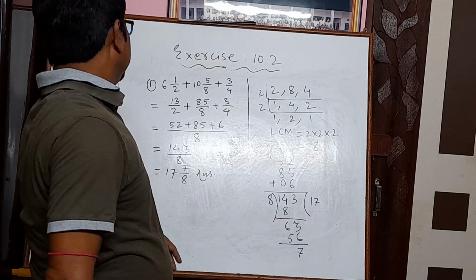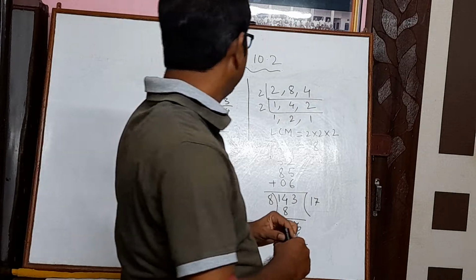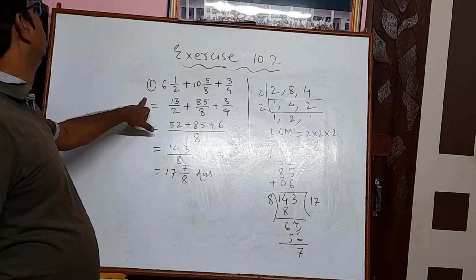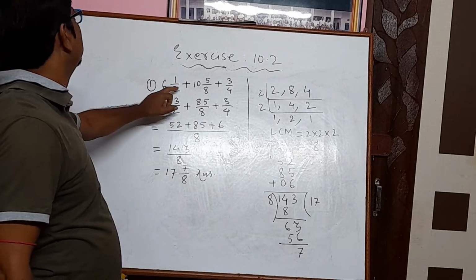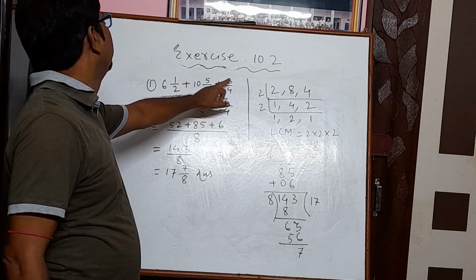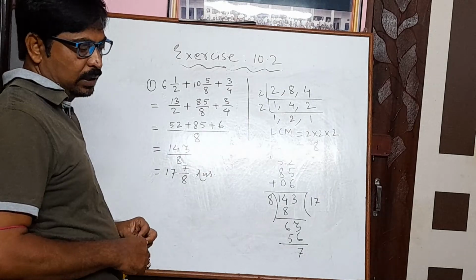Now today we'll discuss exercise 10.2. Simplify. The first question is 6 whole 1 by 2, 10 whole 5 by 8 and plus 4, 3 by 4. How to add these fractions?